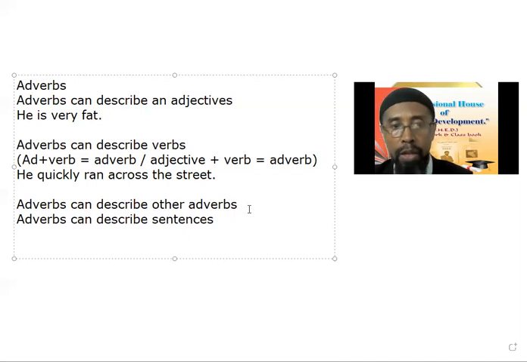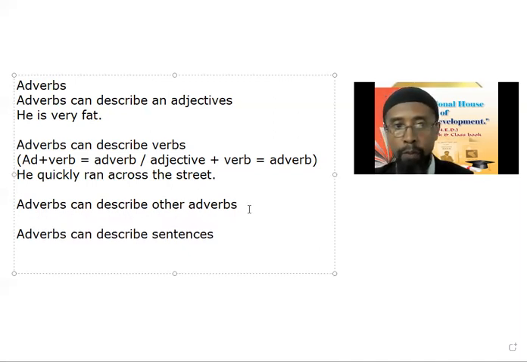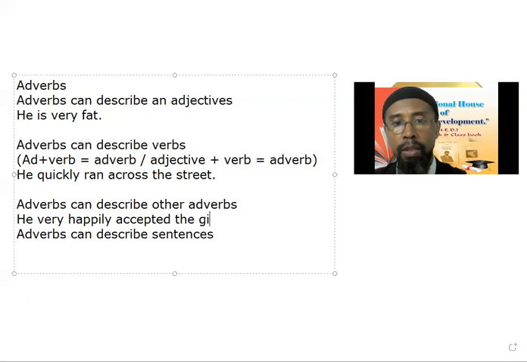All right, let's take a look at the next one. Adverbs can describe other adverbs. So let me say, he very happily accepted the gift.